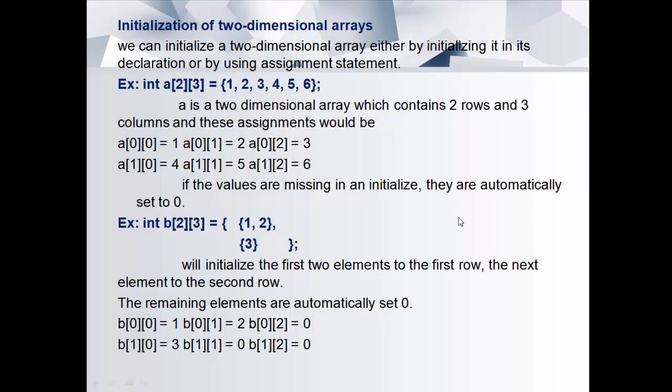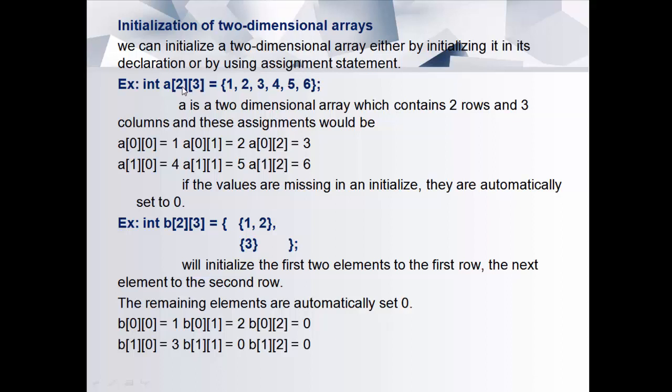So how do we initialize two-dimensional arrays? We can initialize a two-dimensional array either in its declaration or by using assignment statements. Now take an example, int a of 2 comma 3.